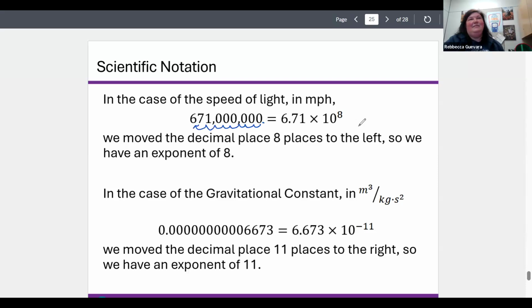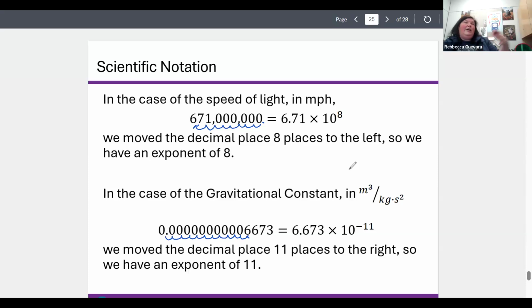That's how we get 10 to the 8. If I have the gravitational constant, we would move this 1, 2, 3, 4, 5, 6, 7, 8, 9, 10, 11. And since we had to move backward this way, we'd say 10 to the negative 11.